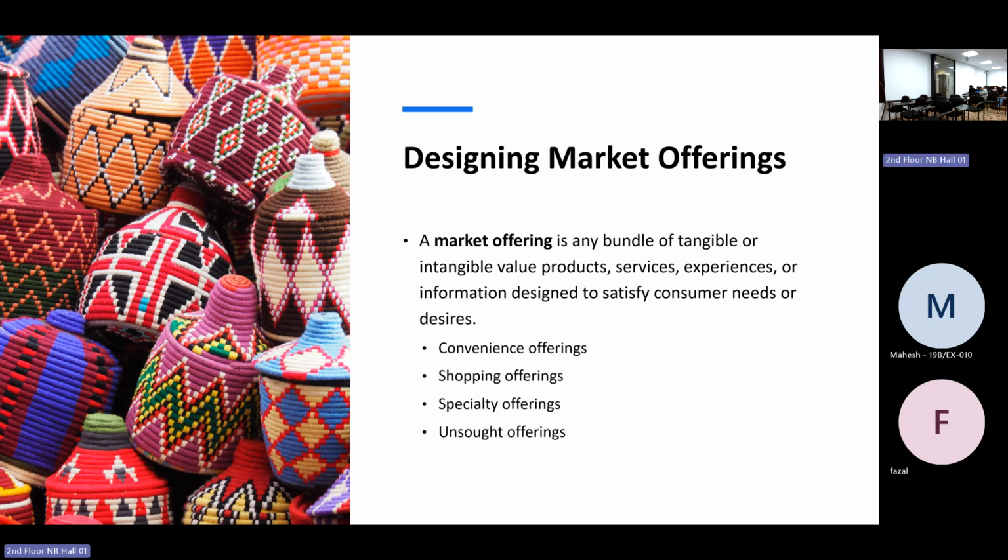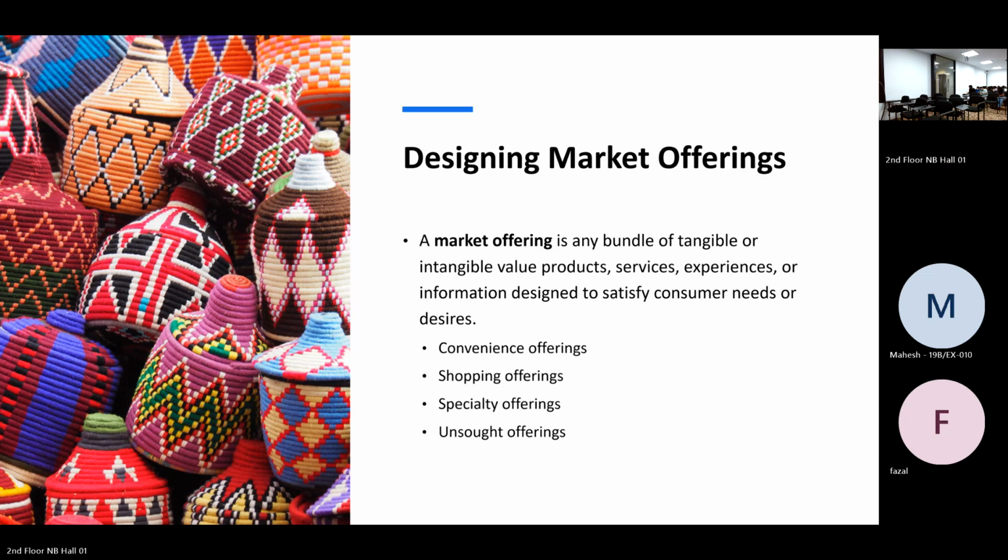Examples, you can write electronic items, furniture.